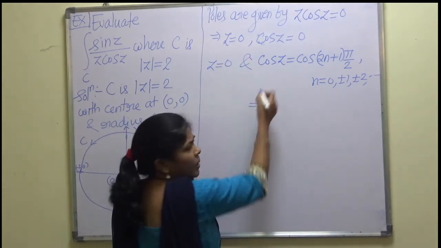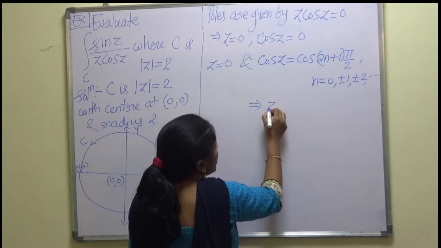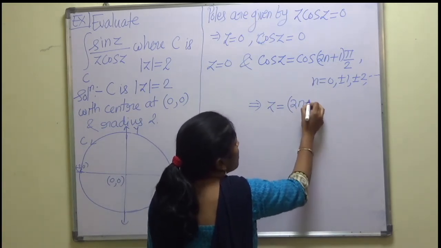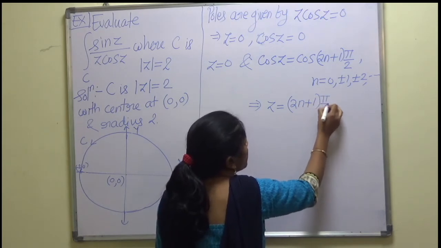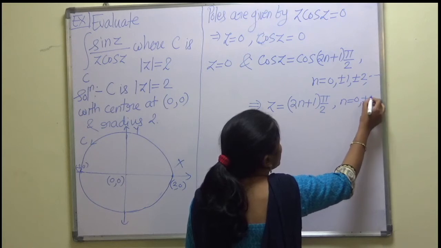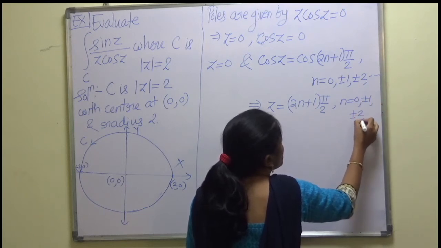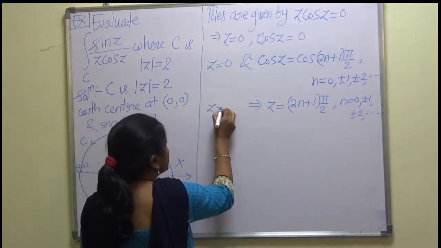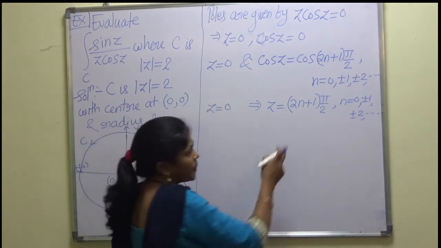From this we will obtain the value for z. Z will be equating the angle, so we have (2n plus 1) times pi by 2, where n takes the value 0, plus minus 1, plus minus 2, and so on. Now put the particular values of n.